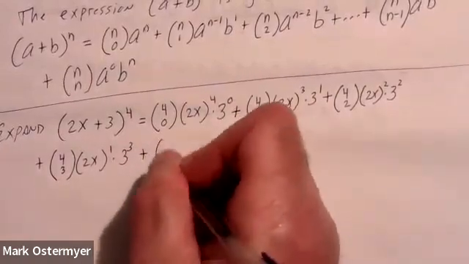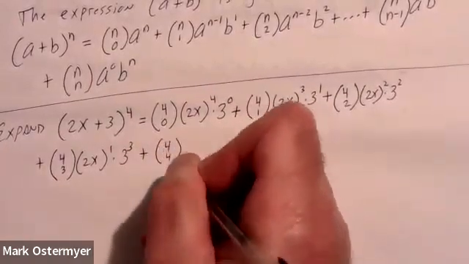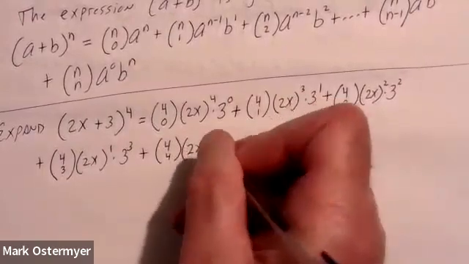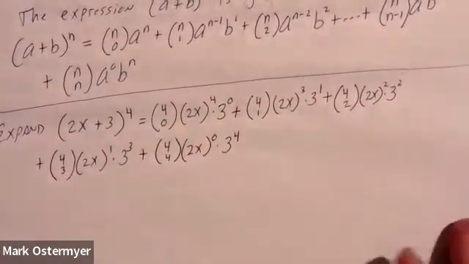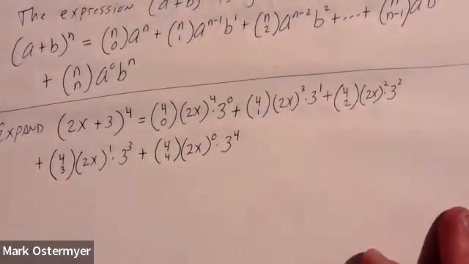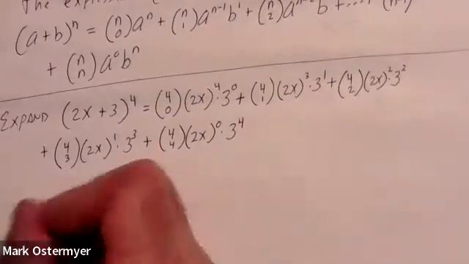Plus, here's your last term. 4 choose 4 is the coefficient. The first term's power is decreased down to the 0th power. The second term's power is increased to the 4th power. And essentially, that's your expansion, ladies and gentlemen. You just have to clean this up and simplify this now.